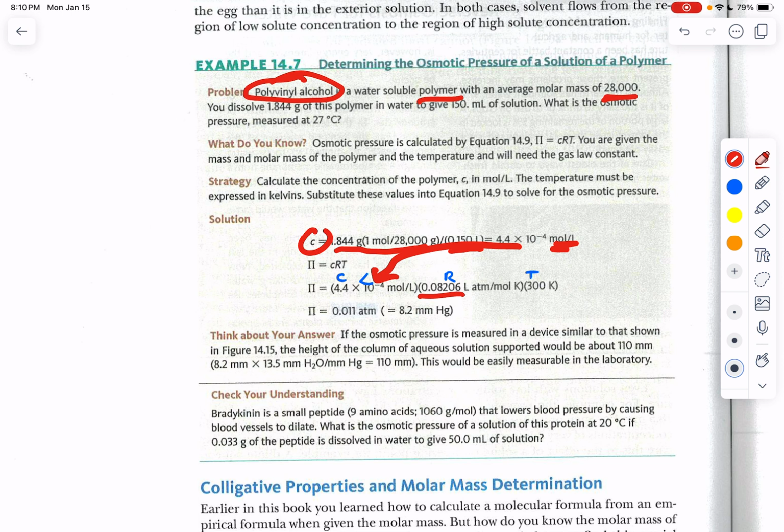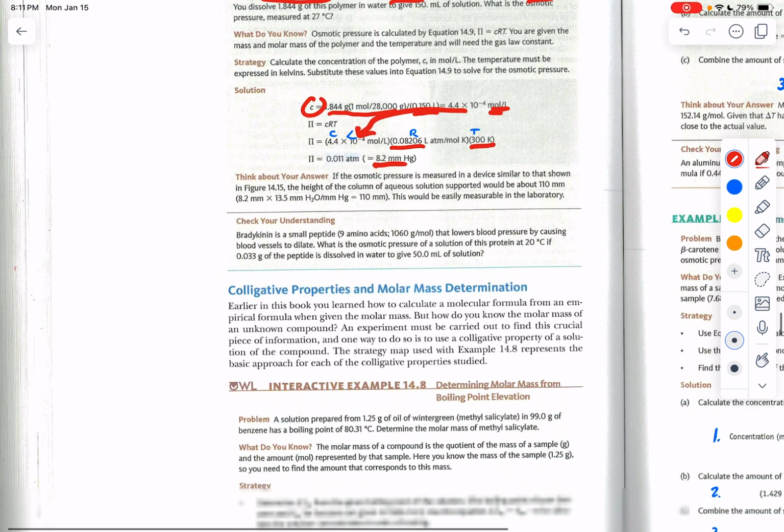And here's my 27 Celsius, 300 Kelvin, and we're going to get 0.011 atmospheres of pressure, which is 8.2 millimeters of mercury. And of course, that's a large enough value that you can actually measure it. You can get out a centimeter stick and measure 8.2 millimeters of mercury.